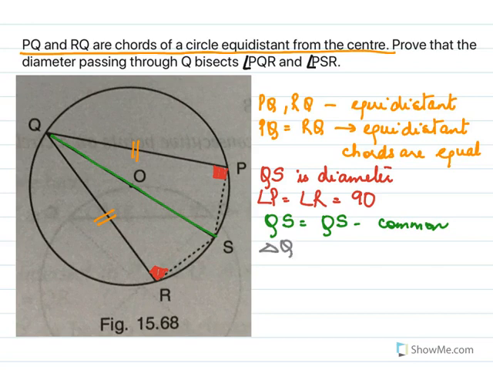So triangle QPS is congruent to QRS by RHS. If they are equal, by CPCT I can say the angle PQR, you can see these two angles, angle 1 equal to angle 2 by CPCT.